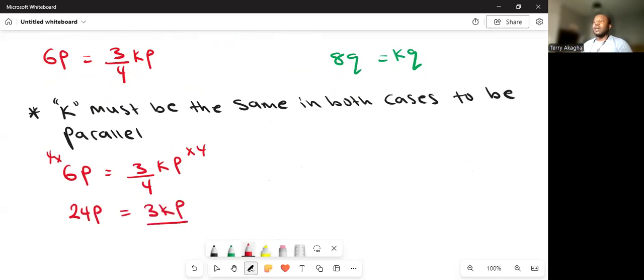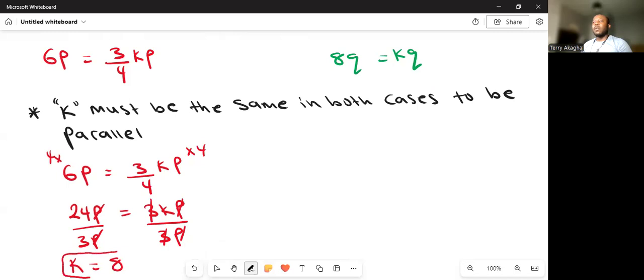Because 3/4 times 4 will give you 3, that's the reason I multiplied both sides by 4. I'll now divide both sides by 3P. P will cancel P, so K will now be equal to 24 divided by 3, which gives me what? 8. So the answer we're going to get here is 8.